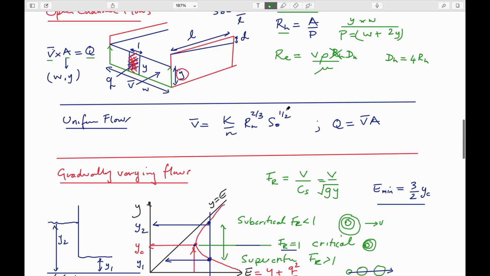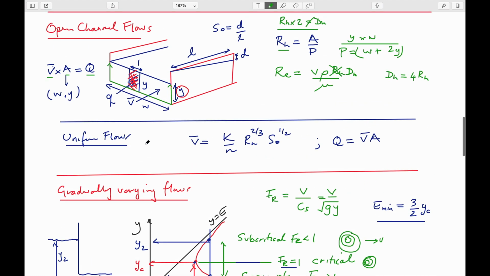And as a result, for uniform flows anyway, where the flow velocity is taken as the same magnitude across the channel, the assumption is that it's turbulent flow. Then the mean flow velocity is given by a coefficient, which for SI units k is equal to 1, the Manning coefficient, which depends on the roughness of the channel, the hydraulic radius, which you know how to calculate from what we've defined up here, and the slope of the bed of the channel.